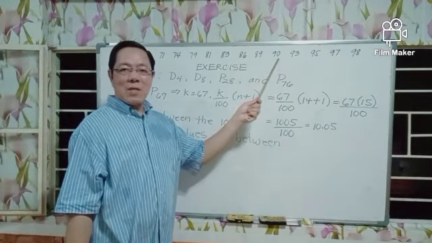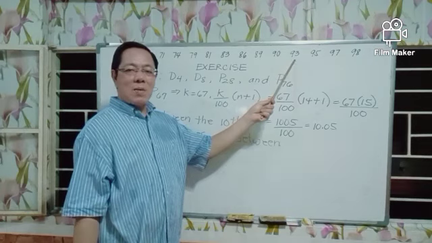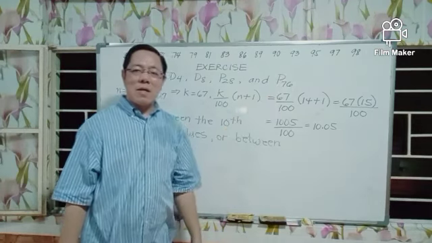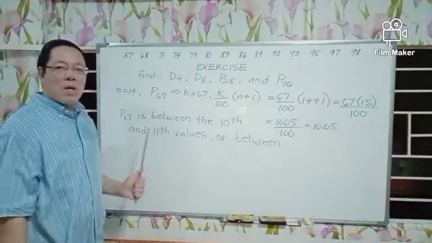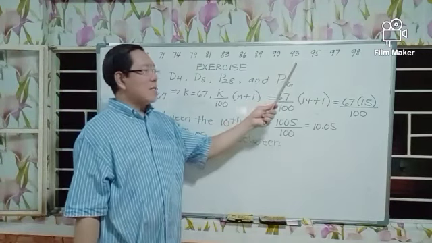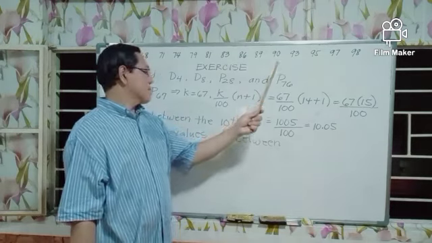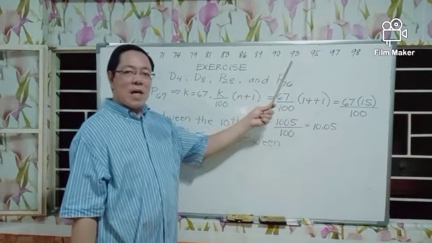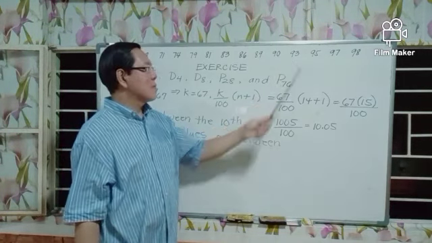The 10th value is 90 and the 11th value is 93. Thus, the 67th percentile that we are looking for is between 90 and 93, the 10th and the 11th values.